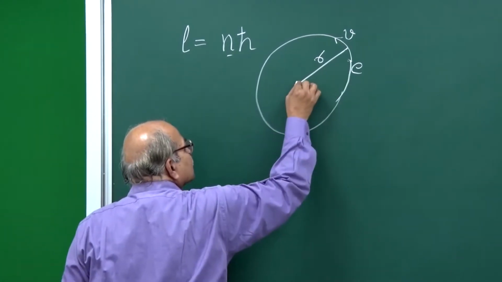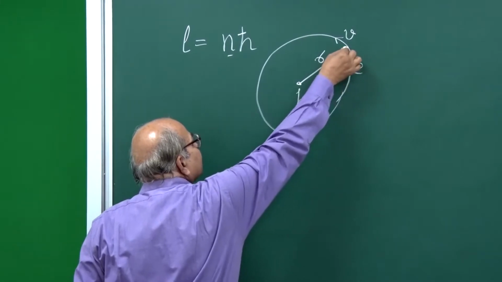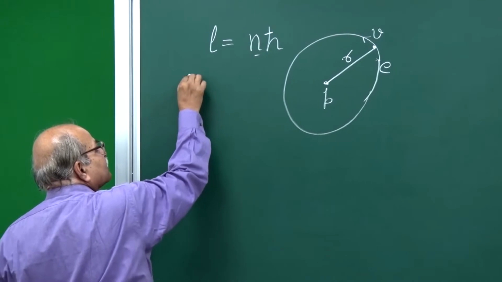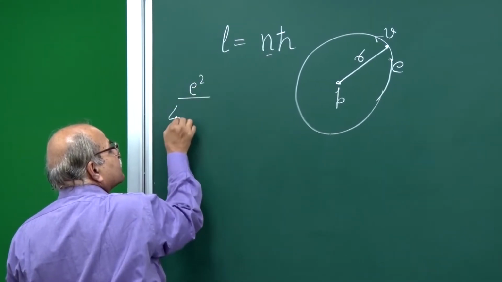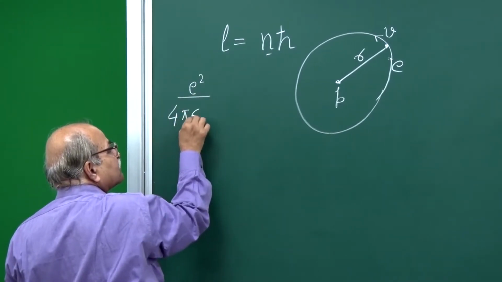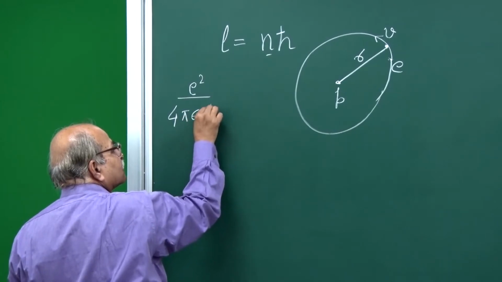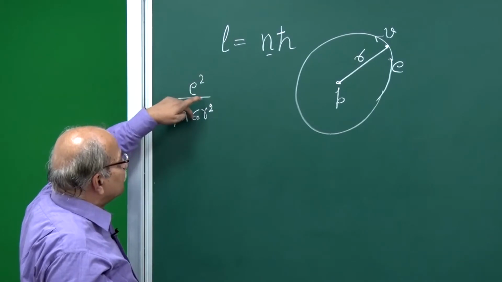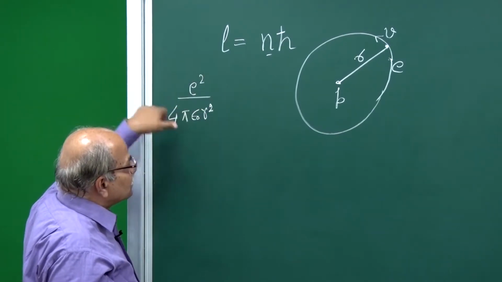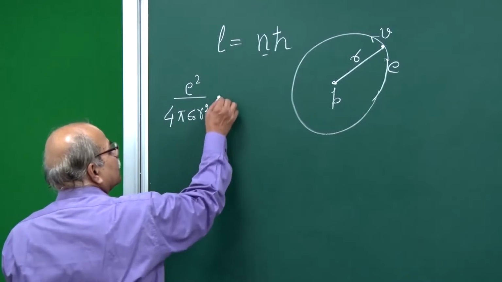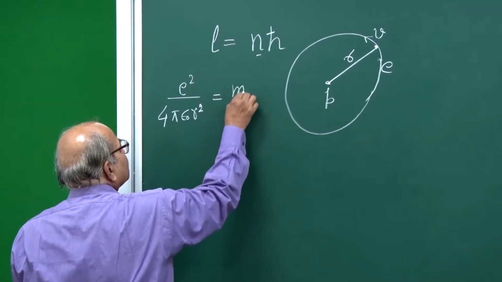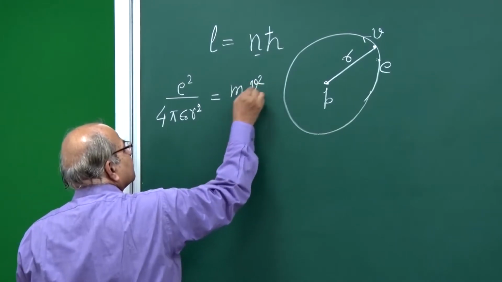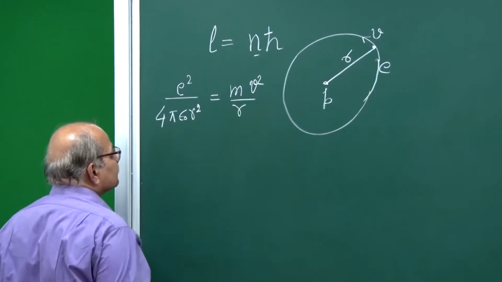The force towards the center is Coulomb's force, q1 q2 by 4 pi epsilon naught r square, so this is e square over 4 pi epsilon naught r square. This force should be equal to the mass of the electron times acceleration, which is v square divided by r.